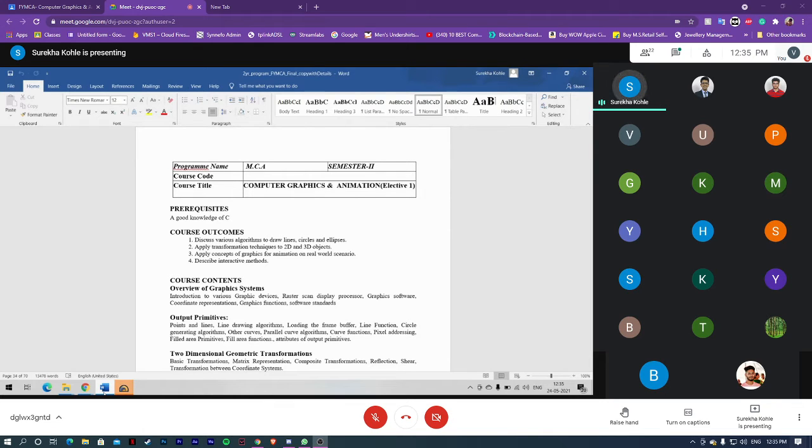I hope some students might have studied computer graphics in graduation. Is it? Yes, ma'am. So I think you all have completed all these contents.